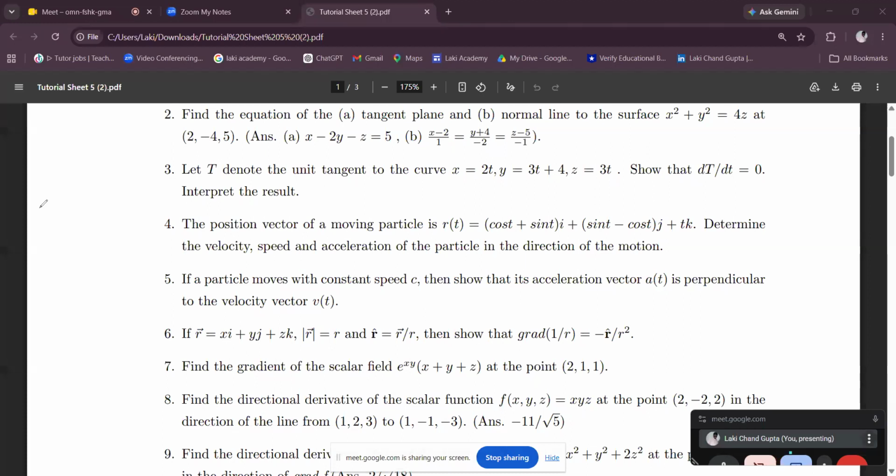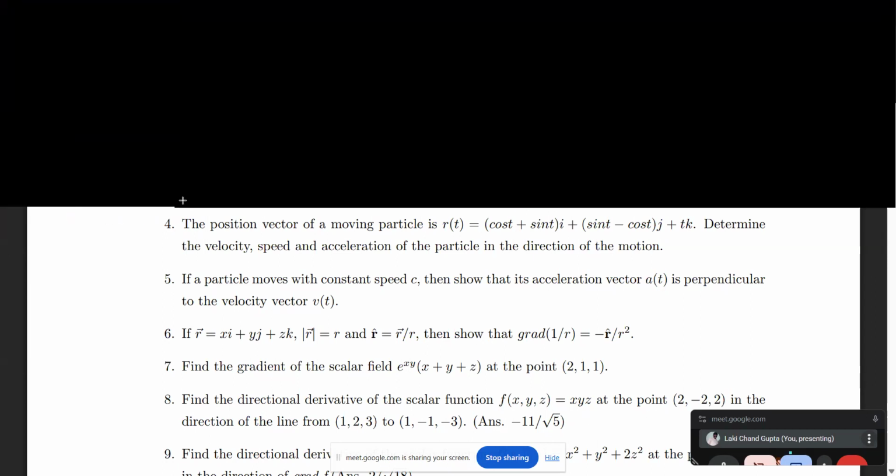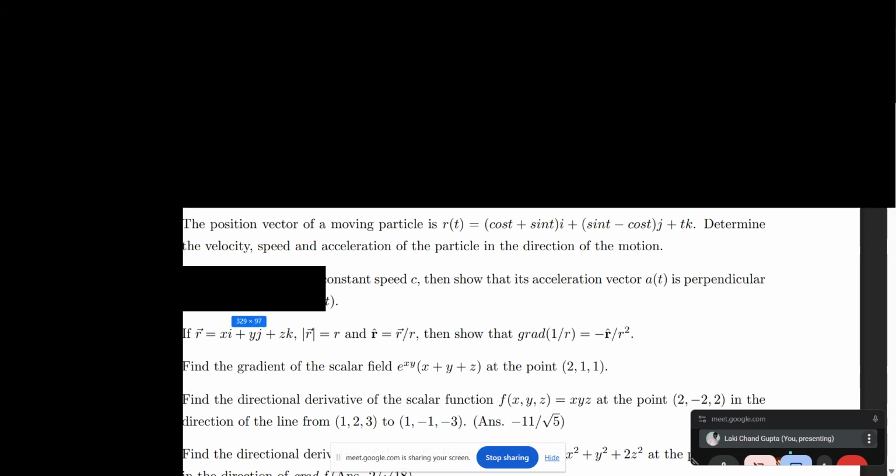Now see question number 4. It basically depends on the formula. You have to determine the velocity, speed and acceleration. This is a very simple question.